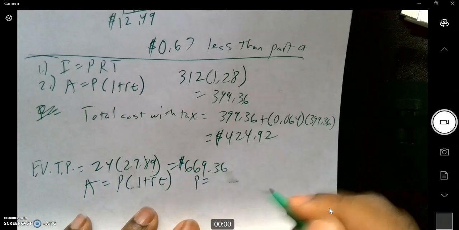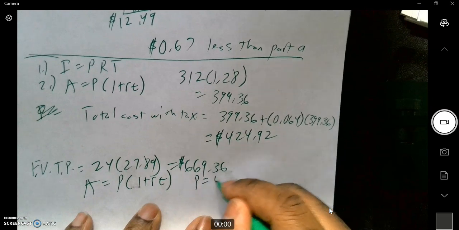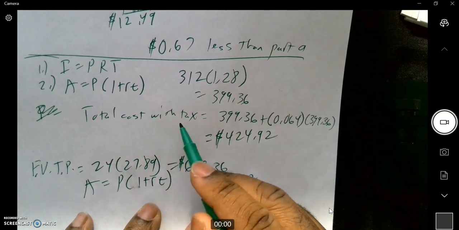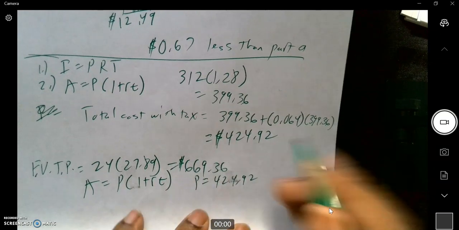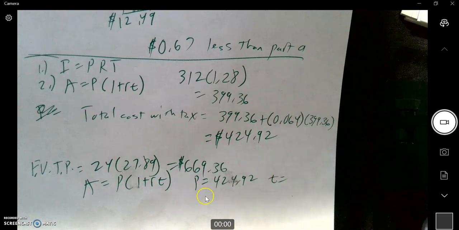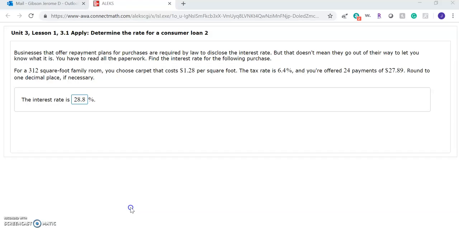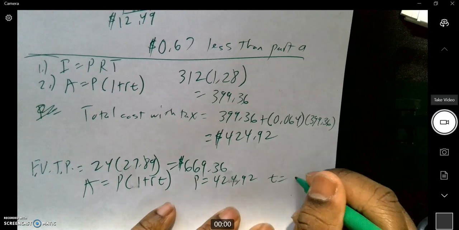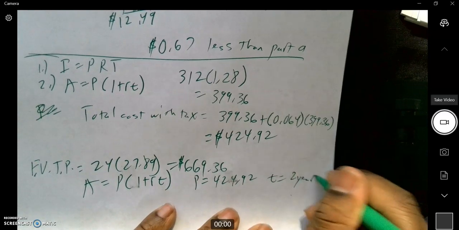Well, we know our P is the $424.92 we got up here with the total cost with tax. Our T is equal to, let me find how many years it was. Our T is equal to, well, 24 payments, that's 2 years. So we'll put 2 years.